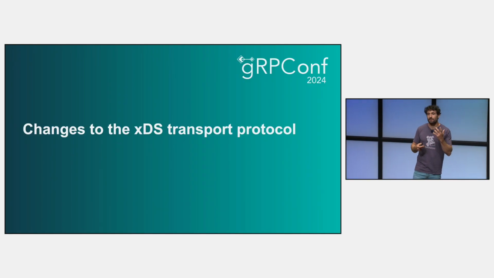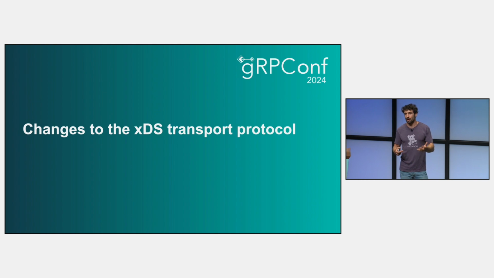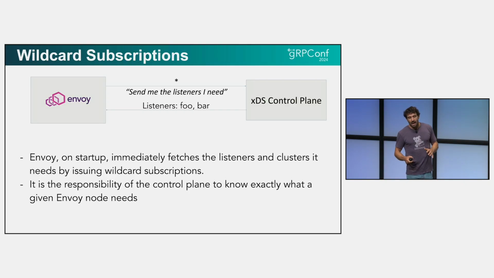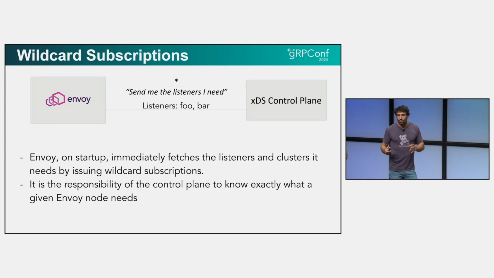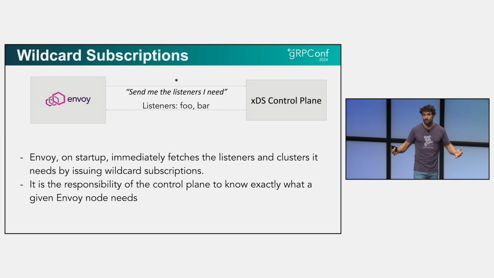The first set of changes that we had to make to our control plane was to support the transport protocol that is used by gRPC. The transport protocol is how the control plane and the data plane communicate resources, rather than what these resources contain. One of the specificities of how Envoy works is that on startup, it will go to the control plane and query for all resources that it needs.